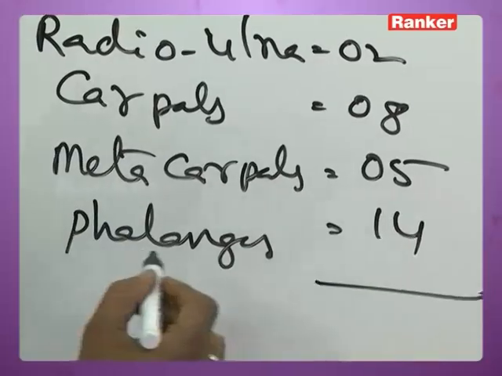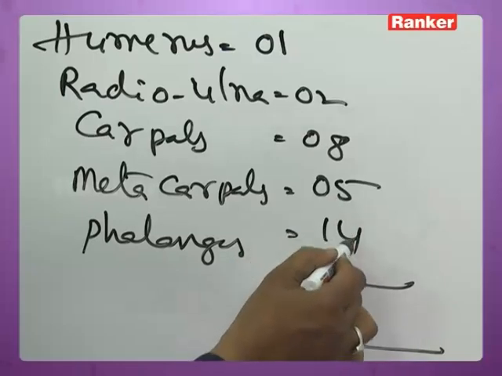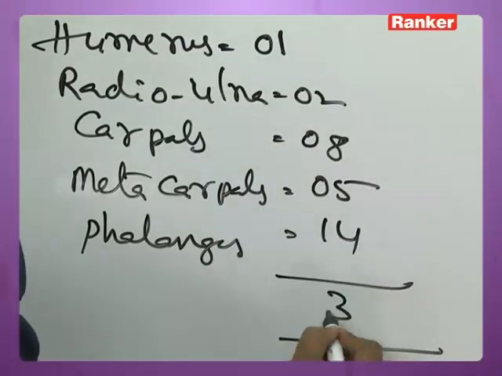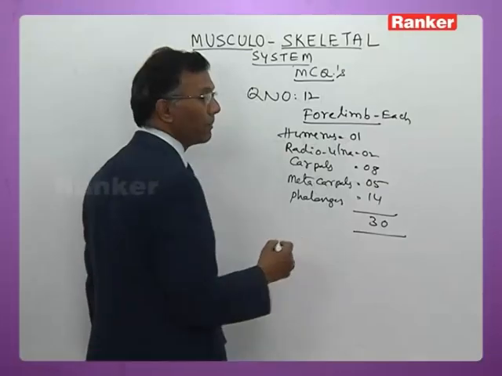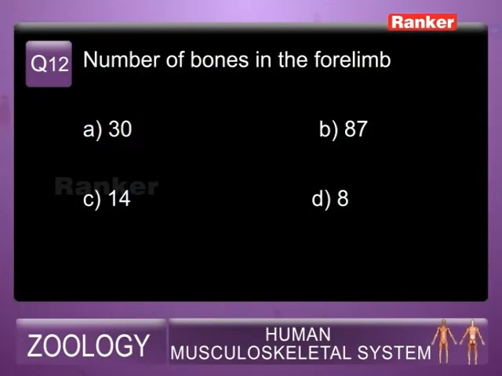So you total up all this, you get 10, 15, 19, 29, 30. So each forelimb is made up of 30 bones. So the answer is A.